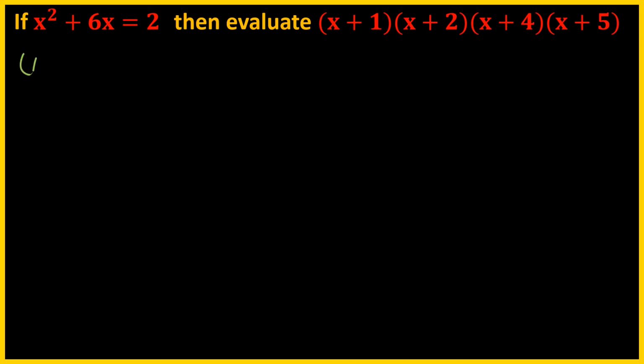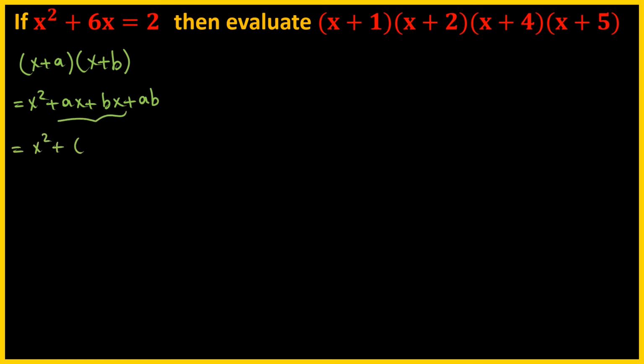Say we have x plus a times x plus b. If we multiply this out, we should get x squared plus ax plus bx plus a times b. And then if we pull out x out of these two, we should get x squared plus the quantity a plus b times x plus a times b.